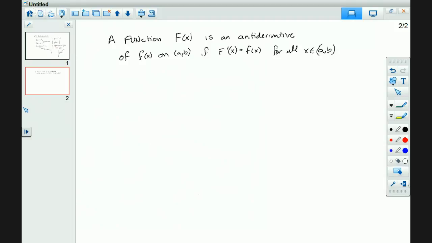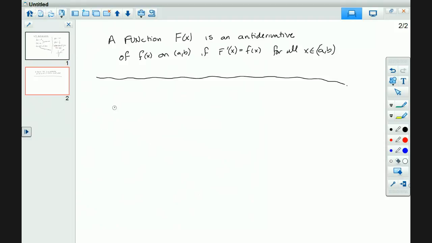Okay, we have to be very careful, because I kind of shielded you from this at the first.